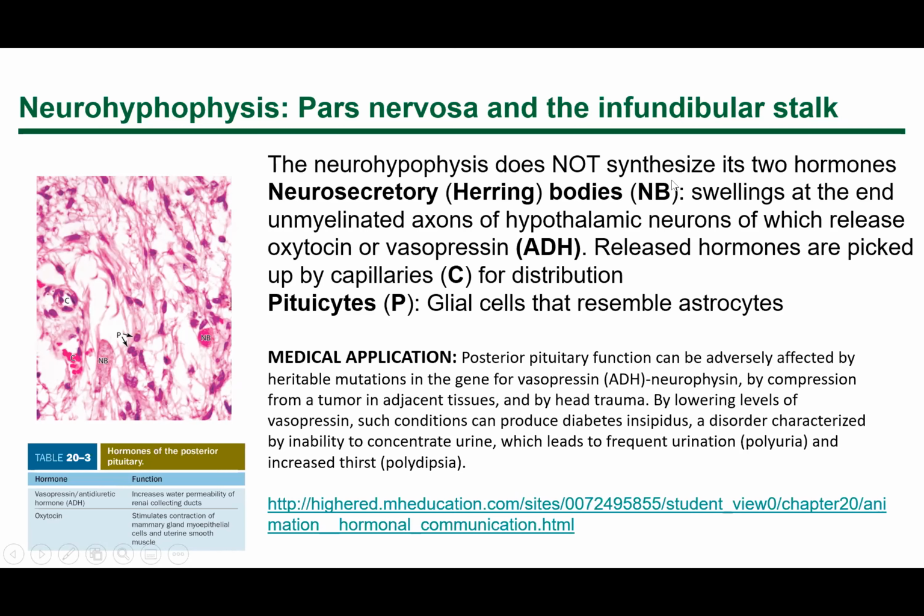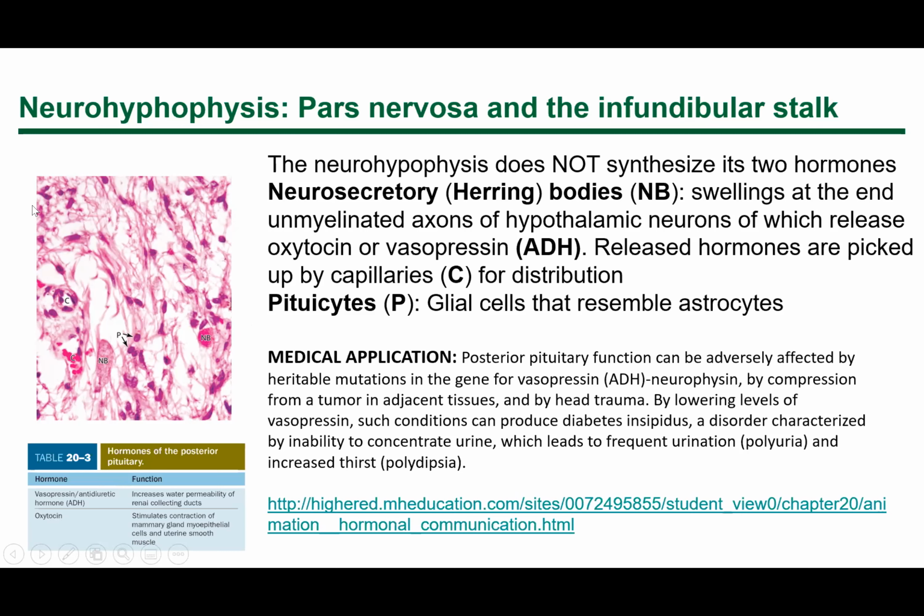Those hormones, again, antidiuretic hormone and oxytocin, those are synthesized in the hypothalamus. They are only released from here. So what you're seeing are the ends of axons that are neurosecretory in nature. And these are characterized by these neurosecretory herring bodies. Here's one. And those are the release sites.